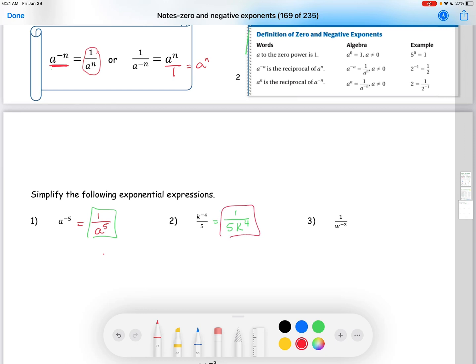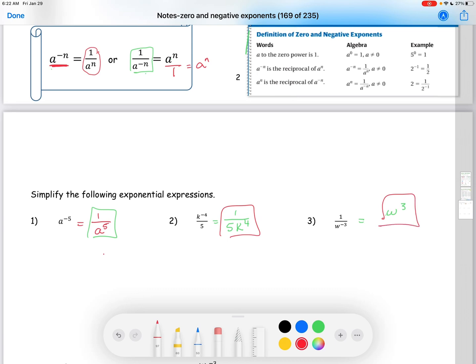Now, with number 3, we're going over to this other rule, where this says 1 over a to the negative n. We just put it in the numerator. So that's what we're going to do here. We have 1 over w to the negative 3. We're going to take that negative 3 and put it in the numerator so that it becomes w to the positive 3.